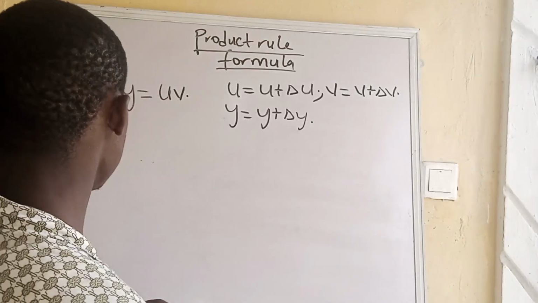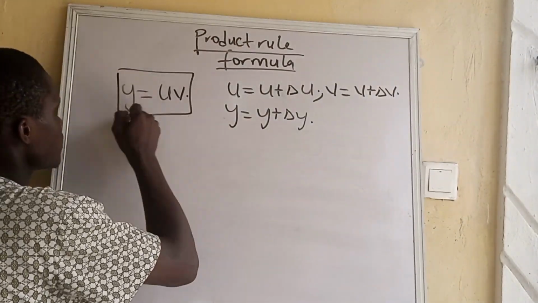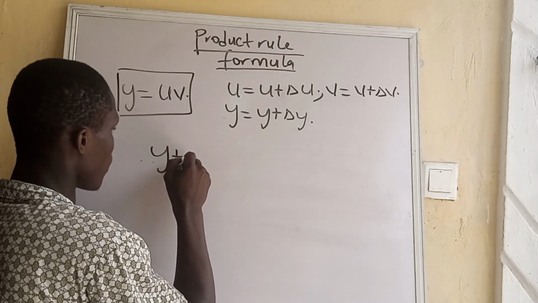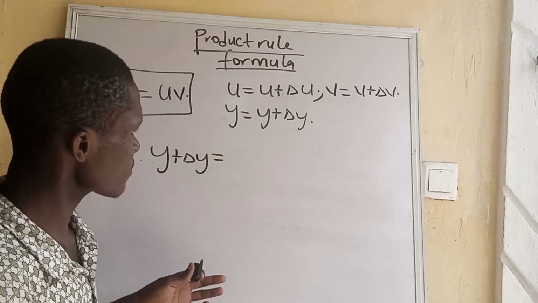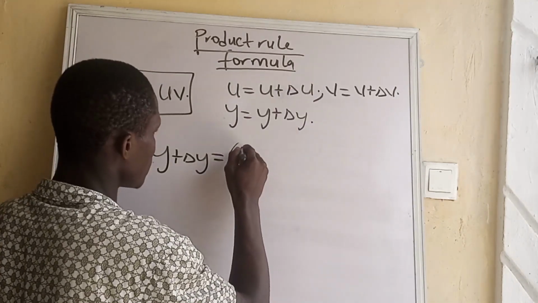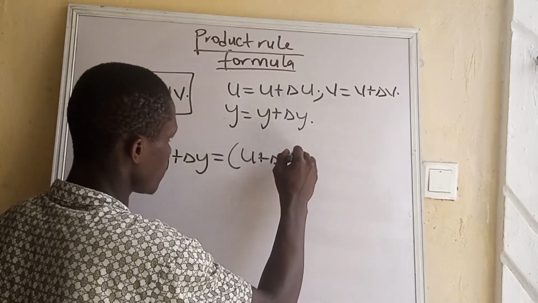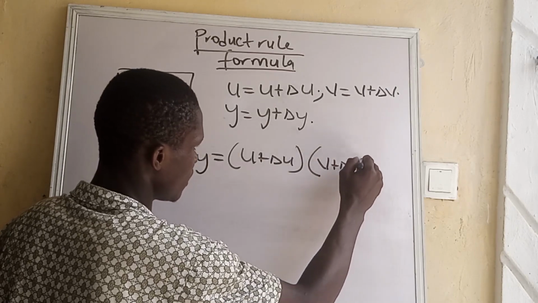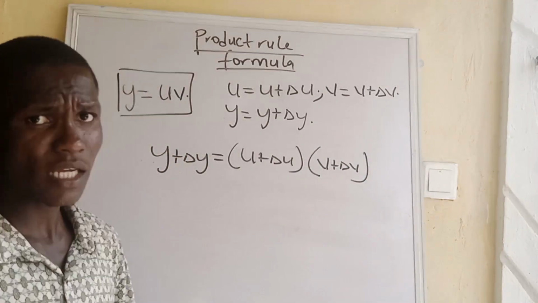So if you are doing that for the whole of this, we can simply write y plus delta y is equal to what? What is your value for u? Open bracket, u plus delta u, close the bracket, open bracket again, v plus delta v, close the bracket. Awesome.